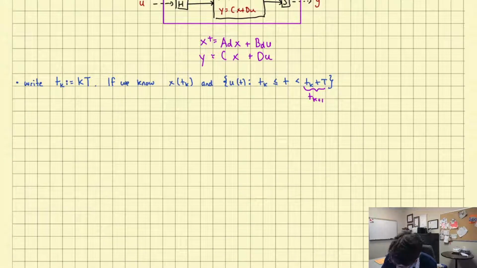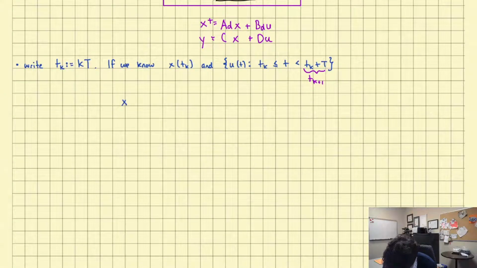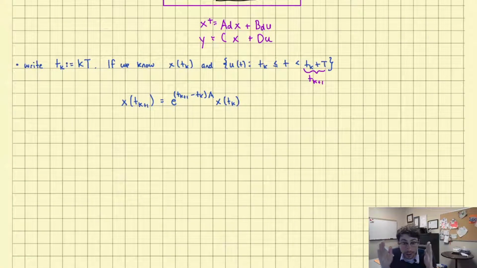And so we will get, so the time that's advanced is just that. So there's the natural response over this time interval, plus we have the forced part of the response, depending on the control input.